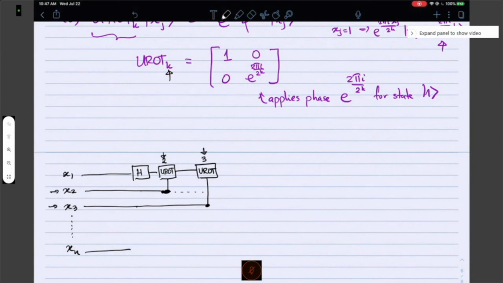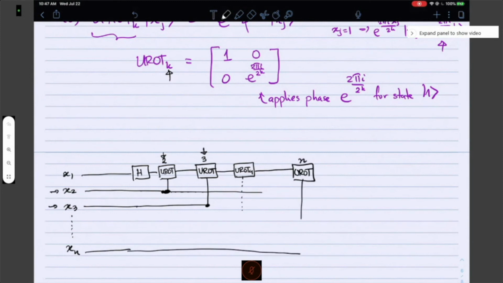Okay, so this line goes over. And another one is going to be applied here. From x4, we're just going to ignore that one. All the way up to the last one, which is UROT n, which is coming from this bottommost qubit.